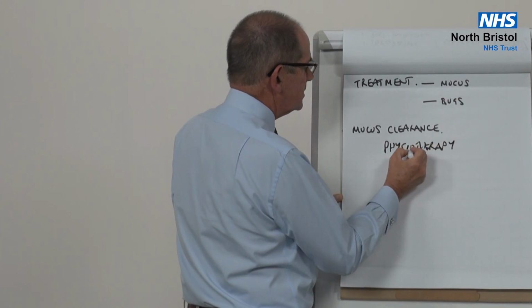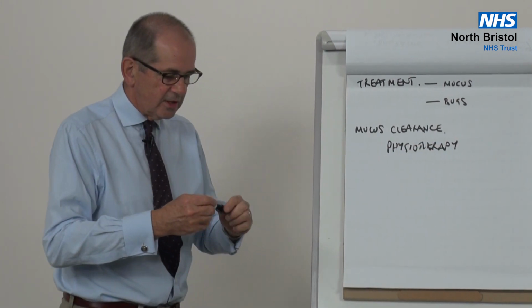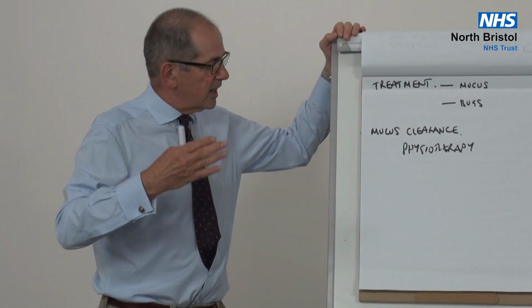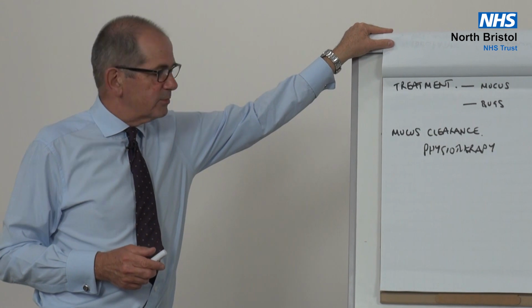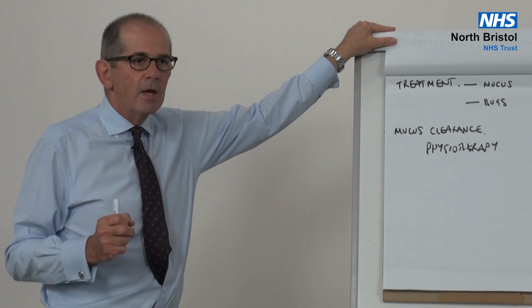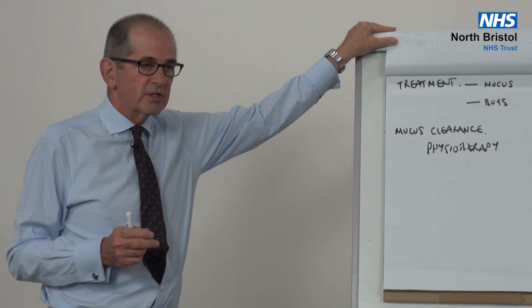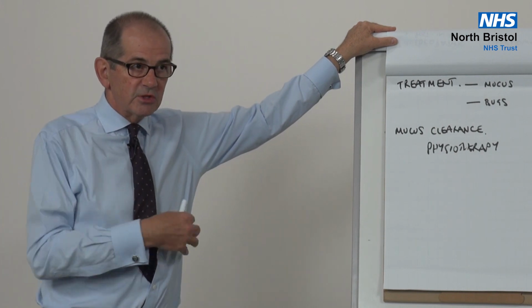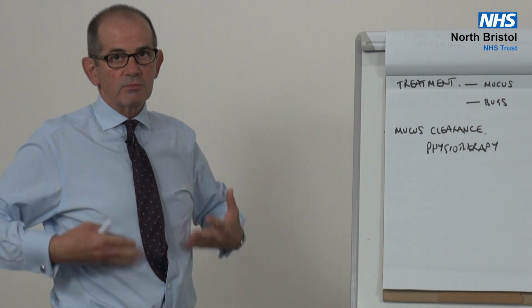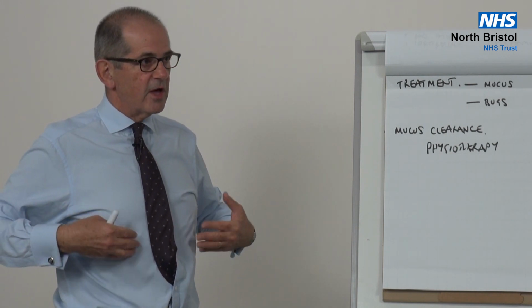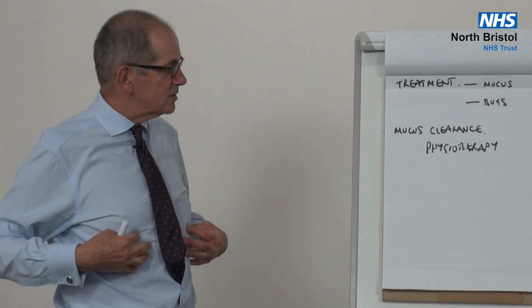And physiotherapy is just a way really of clever coughing to get the best out of your cough reflex, to help the cough remove the sputum from the chest. In most patients with bronchiectasis, the bronchiectasis is at the bottom of the lungs, lower down, and gravity is against us because the sputum tends to pool at the bottom of the lungs.